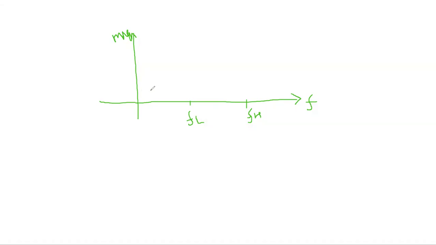One component will be centered around FL, and the second component will be centered around FH. These are the two frequency components present in the output of BFSK.